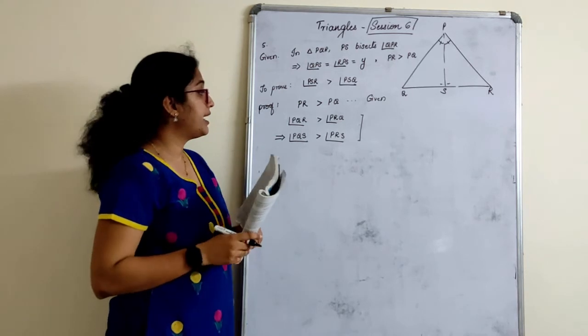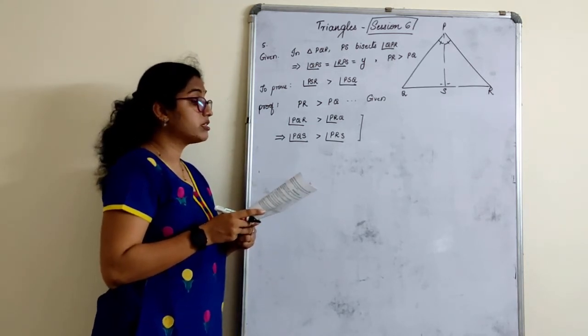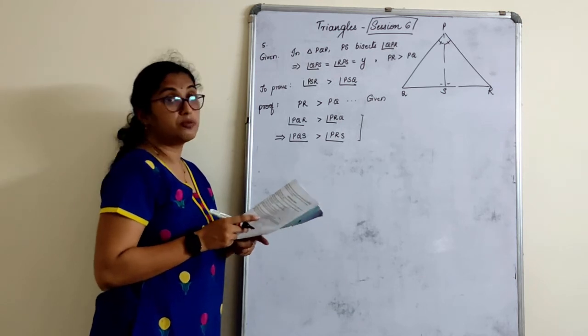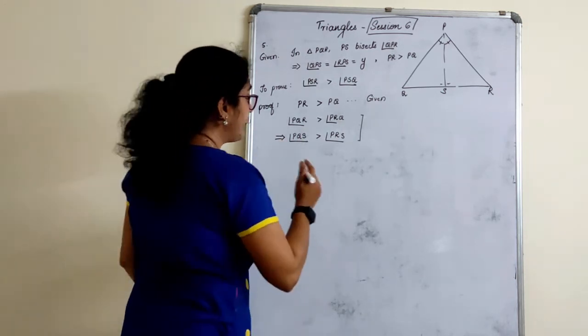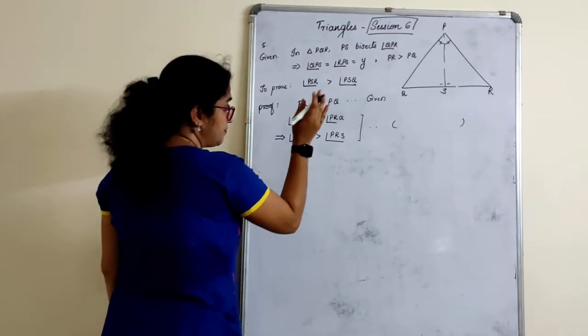Reason: angles opposite to the greater side are greater. Write that reason. Keep this as it is, right?